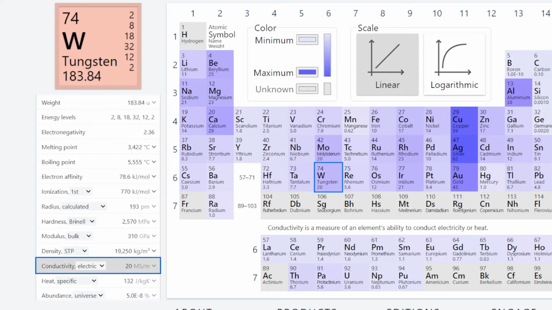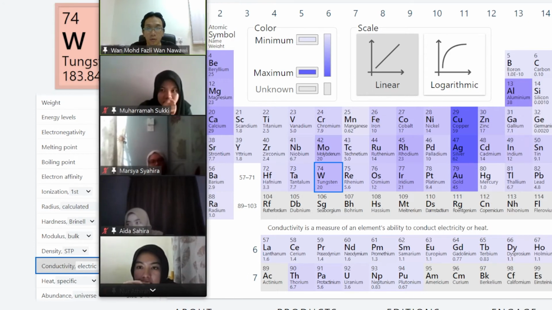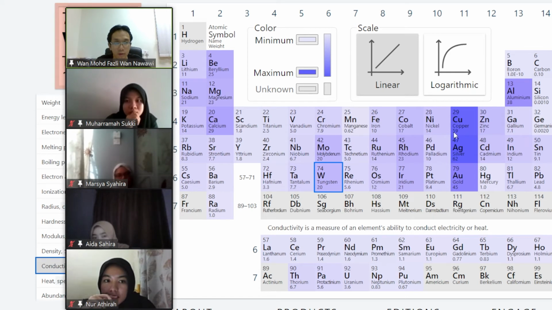For example copper, if you inverse 1/59, here there is 59, you get 0.01. So that is the resistivity of the copper.